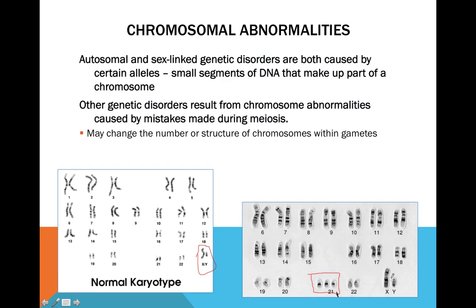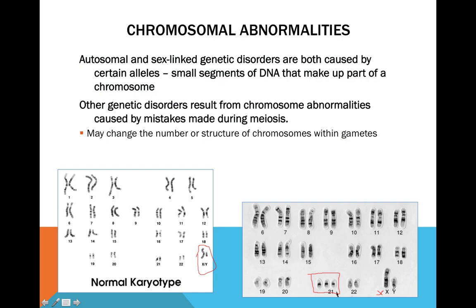Now, there are some abnormalities that can happen on the sex chromosomes. There are some people who have 3 chromosomes on their sex chromosomes.